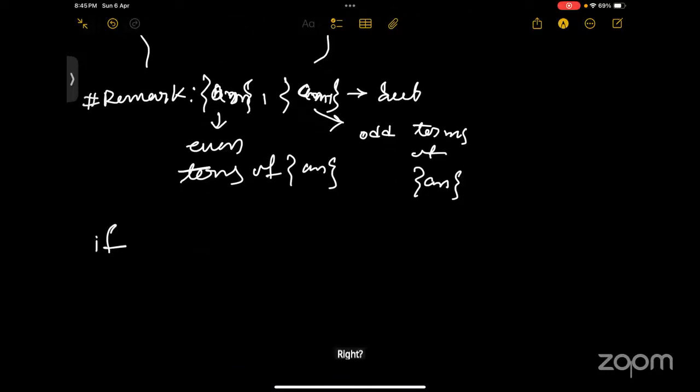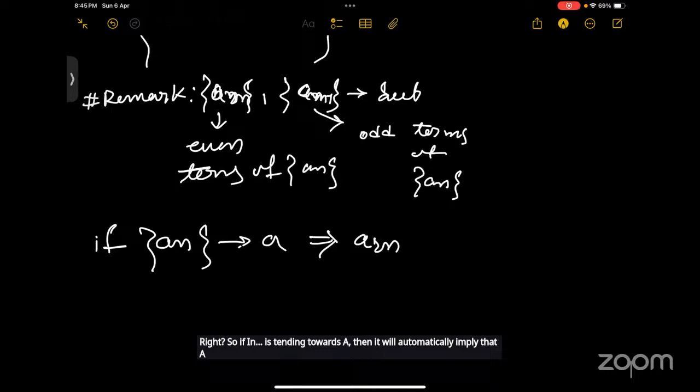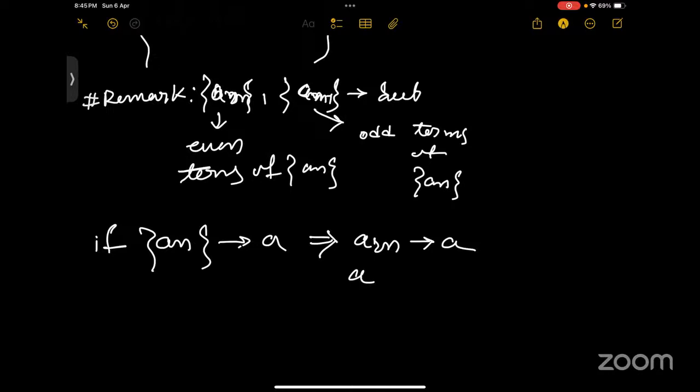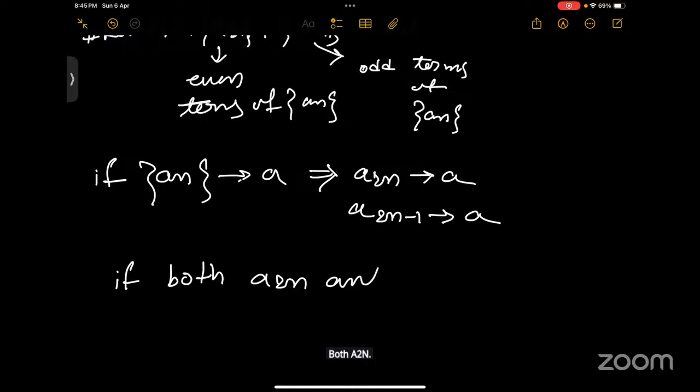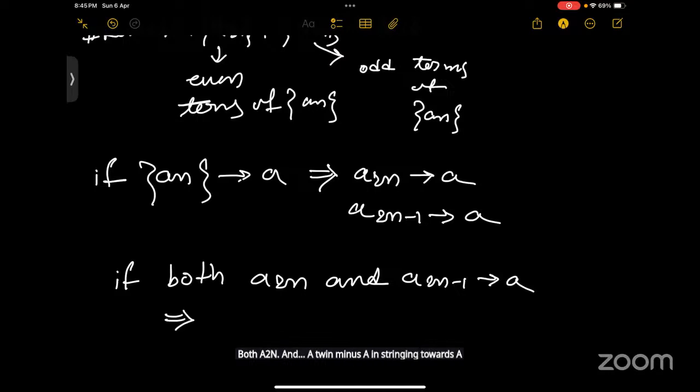So if a_n is tending towards A, then it will automatically imply that a_2n will be tending towards A. And if both a_2n and a_2n minus 1 are tending towards A, it will imply a_n is tending towards A.